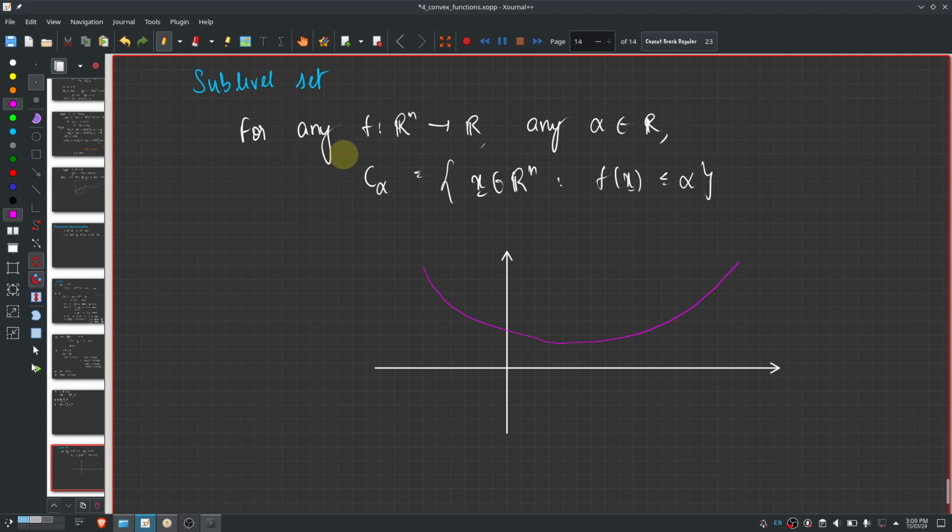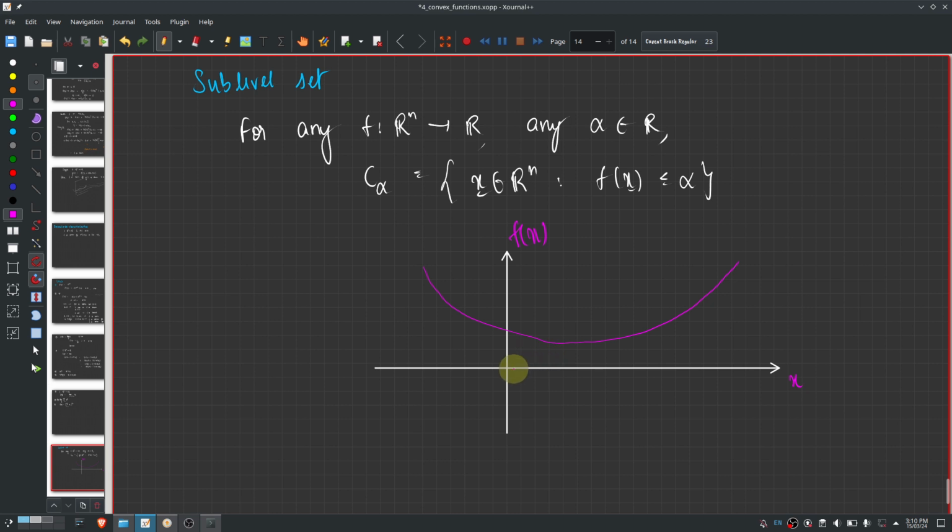It's a function defined on R, so the sublevel set will be some subset of R, right? So what would that look like? This is x. This is a plot of f of x. So C alpha for any alpha is a subset of R.